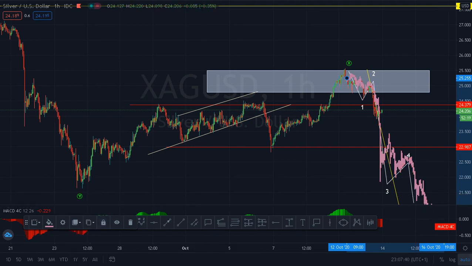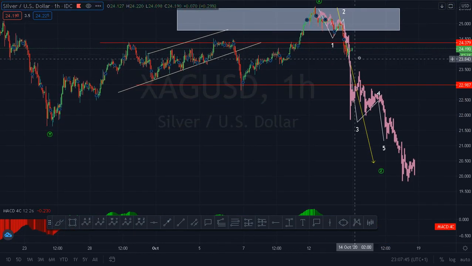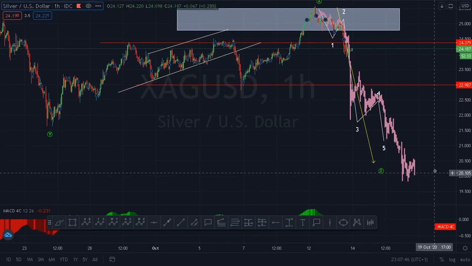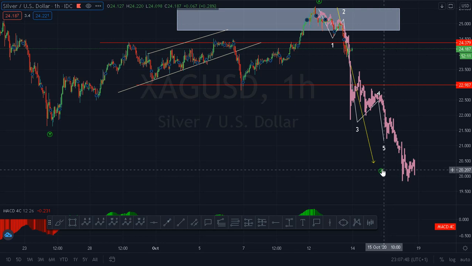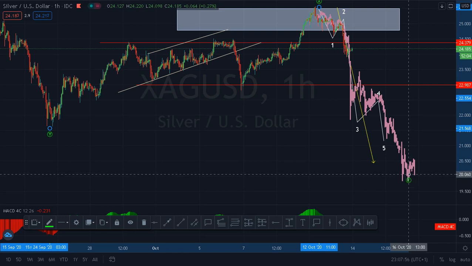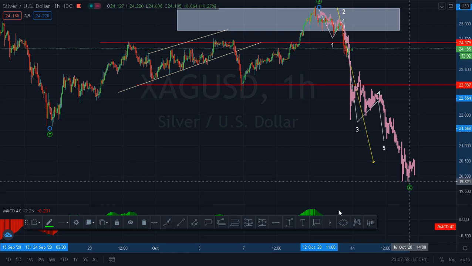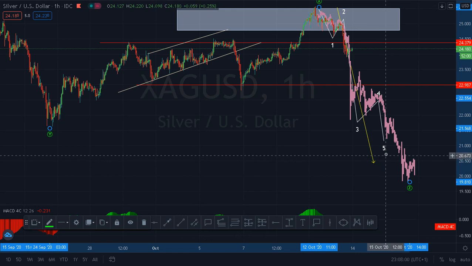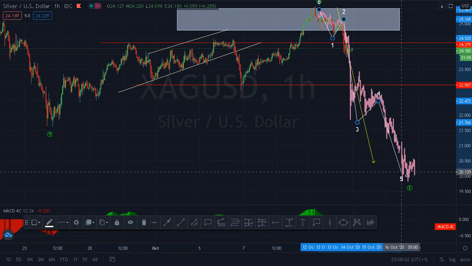We may get a similar price movement from here down to here, which means we might have 20.00 if it happens exactly, or something like that.